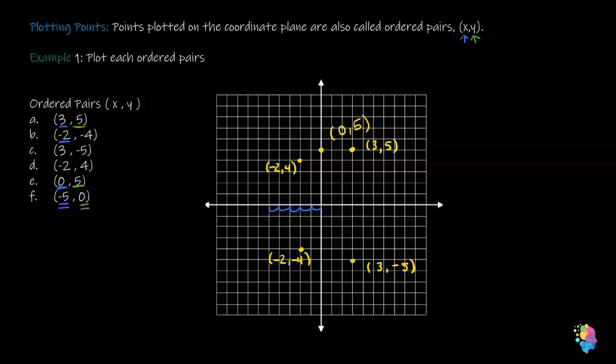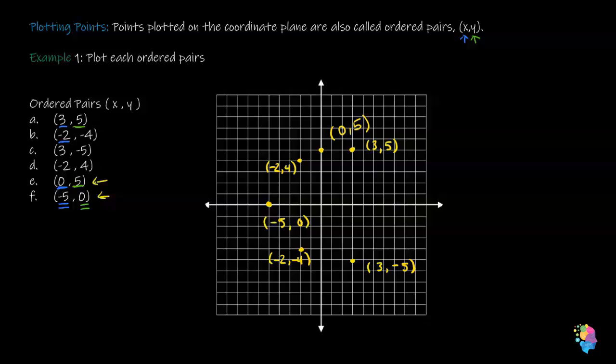So that means that I'm not going to move anything up or down. So then our point will end up being plotted right there where we ended up with the x value, because we were given a 0 for the y value. So then this will be -5, 0. Now you have to be very careful, especially on these last two, the ones that go on the x-axis and the y-axis.